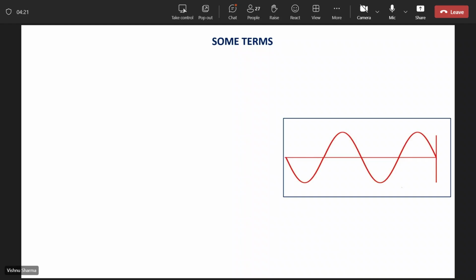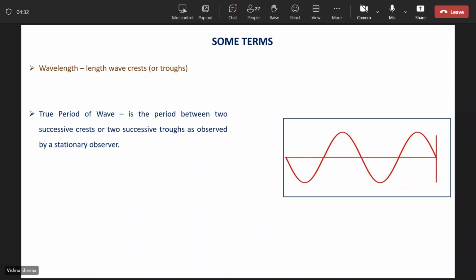We know that the waves are like this. What is the wavelength? Wavelength is the distance between two successive crests or two successive troughs. This distance here is the wavelength, or this distance here is the wavelength.